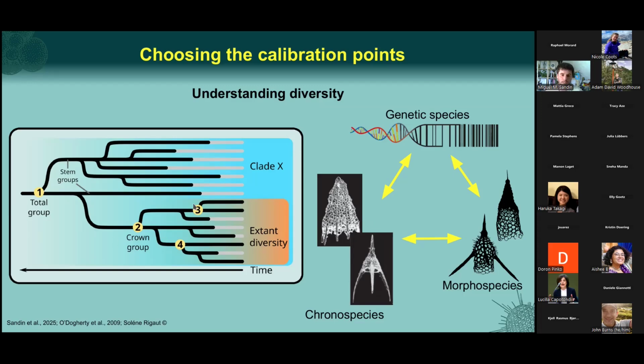So for example, in this schematic tree, we have lineages in black, and then they go extinct when that bar turns gray. When the fossil record tells us that a node is much older than what we see in the molecular clock, it might be because they are both referring to different diversity.